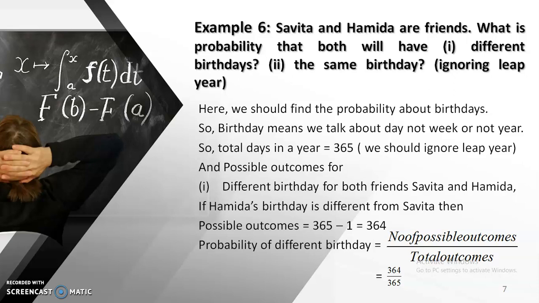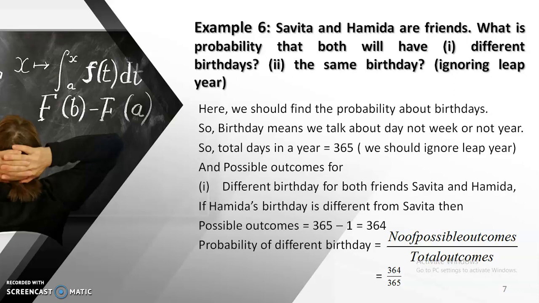If Hamida's birthday is different from Savita's, then possible outcomes equal 365 minus 1, because Hamida's birthday is a single day and total days are 365. So 365 minus 1 equals 364. So probability of different birthdays equals number of possible outcomes divided by total outcomes, equals 364 divided by 365.